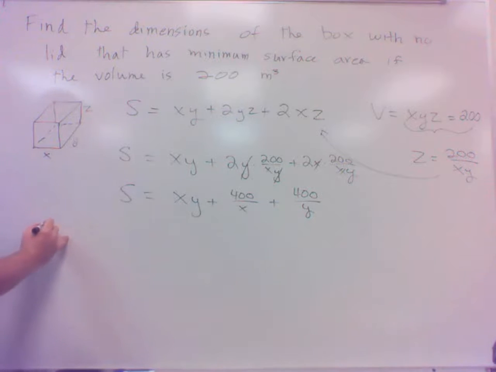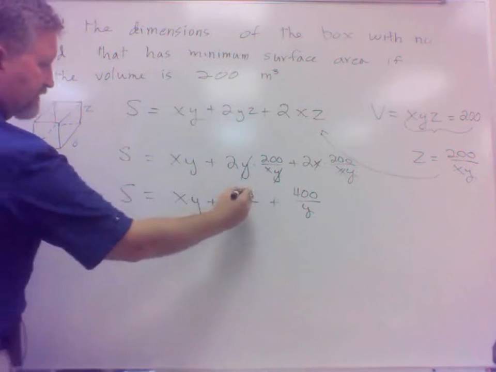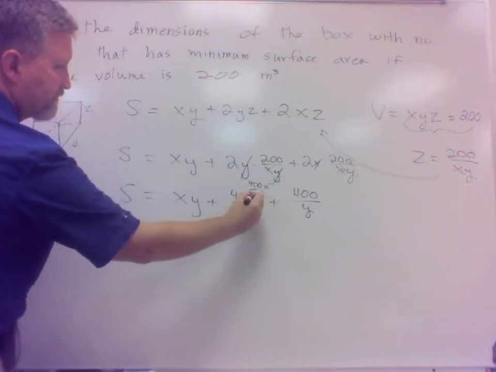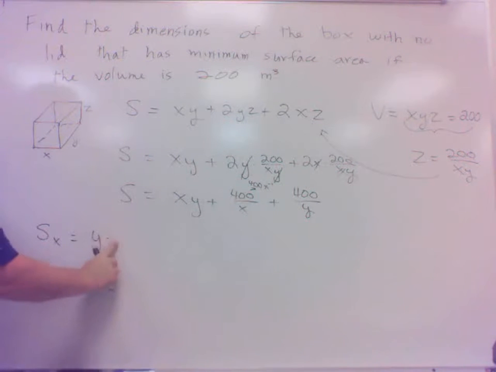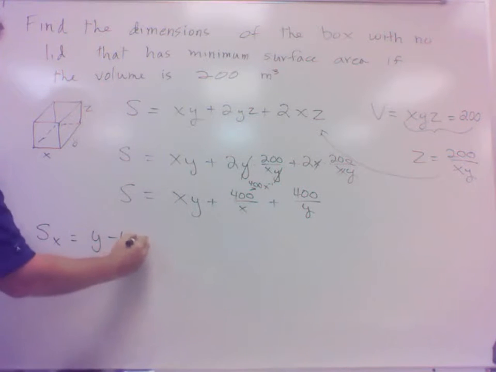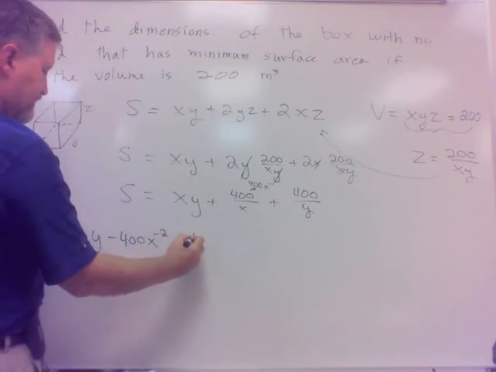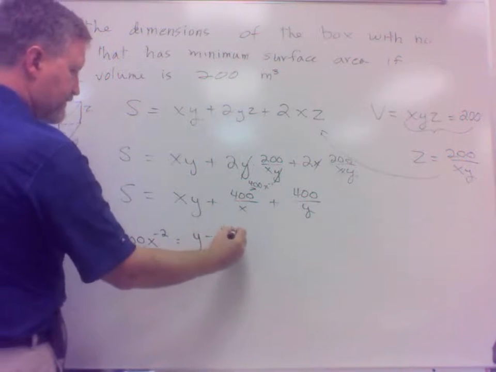So let's get our partial derivative with respect to x of this function here. That would be y, and 400x to the minus 1 would be negative 400x to the minus 2, which we could write as y minus 400 over x squared.